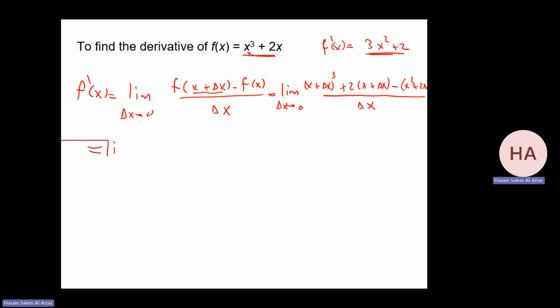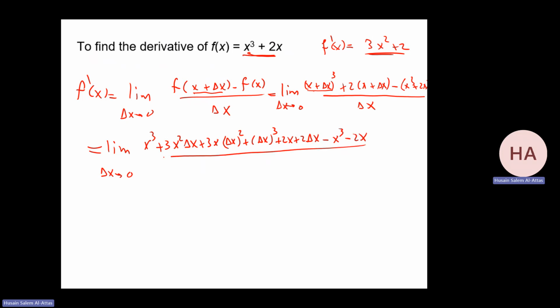That will give me the limit as delta x goes to 0. I need to open this. That will be x cubed plus 3x squared delta x plus 3x delta x squared plus delta x cubed plus 2x plus 2 delta x minus x cubed minus 2x, over delta x.